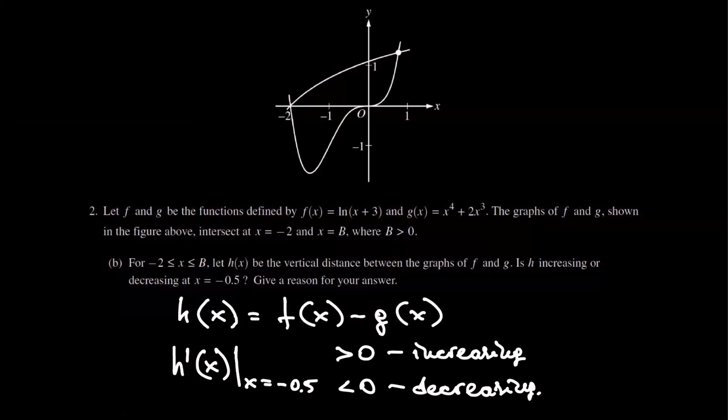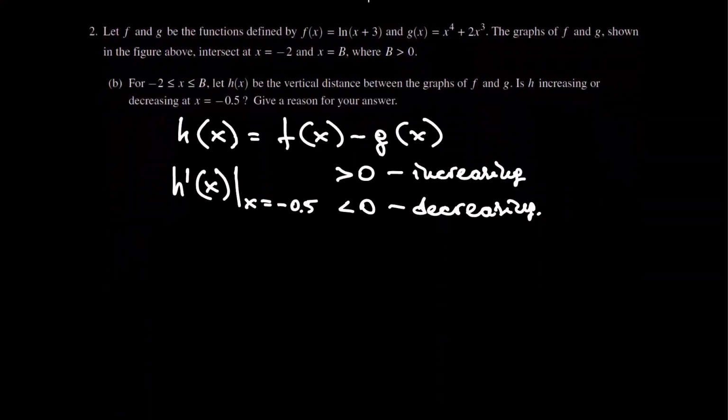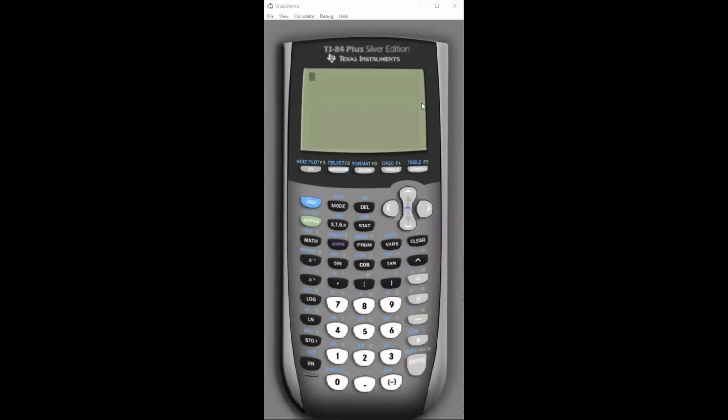Let's pull out our calculators and calculate the derivative of h at the point negative 0.5.